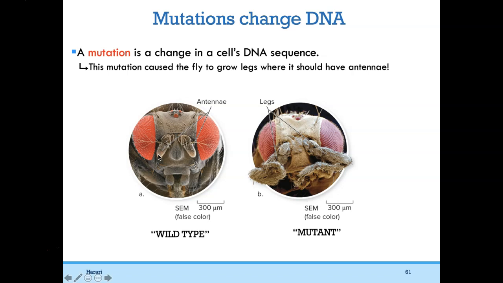So normally, the genes encode for antenna in this specific location on a fly. That's called the wild type. The normal is called the wild type. With the mutation, with a change in the DNA sequence of the fly, legs can grow out instead of the antenna. So that's an example of a consequence of a mutation.